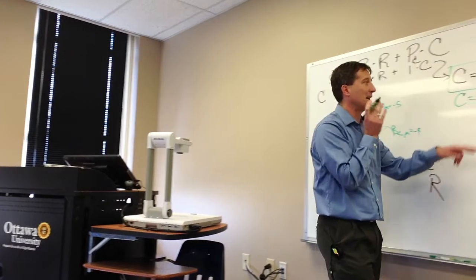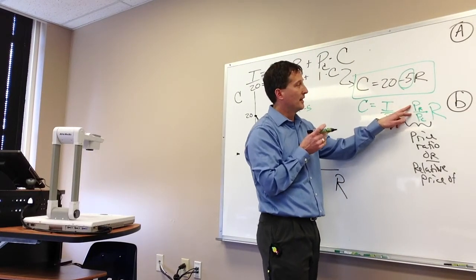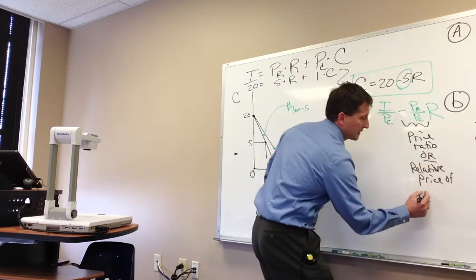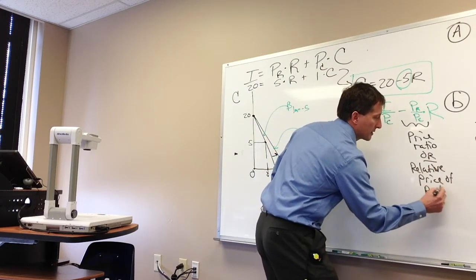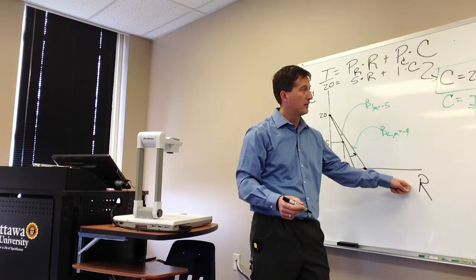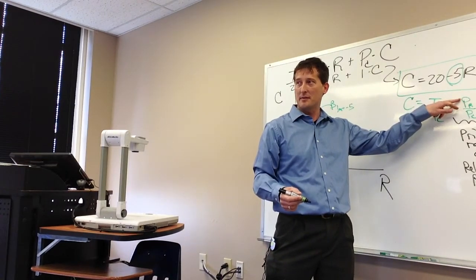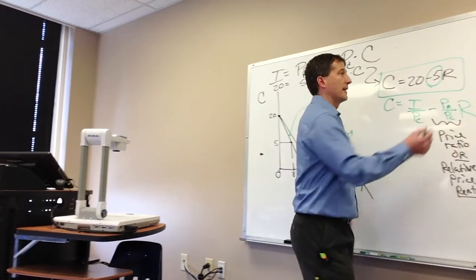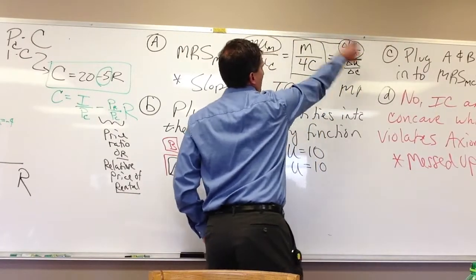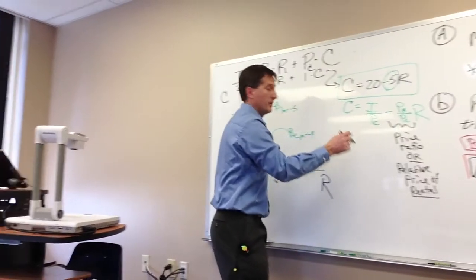So again, this catches you, the slope thing is weird. The relative price of a rental, which as Chelsea was pointing out, is the horizontal axis variable. Notice it's on the upstairs, not the down. And this little trick has saved me many times on many exams and homework: you can do the same thing with this price ratio.